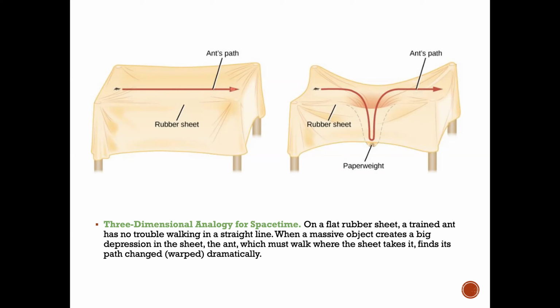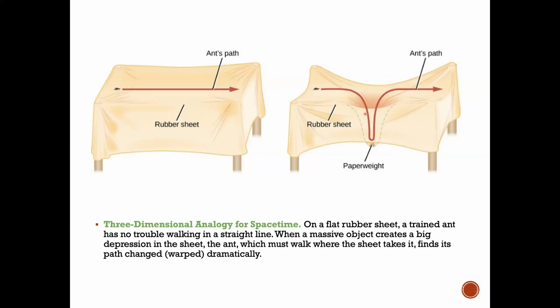But if you put some kind of weight on this rubber sheet, the sheet will get curved close to this mass, right? I guess everyone can understand it. Once the sheet gets curved, when this ant tries to follow the same path, because now the space is curved, it has to go through this path. That's what happens when you have a curved space according to Einstein's theory of general relativity, right?